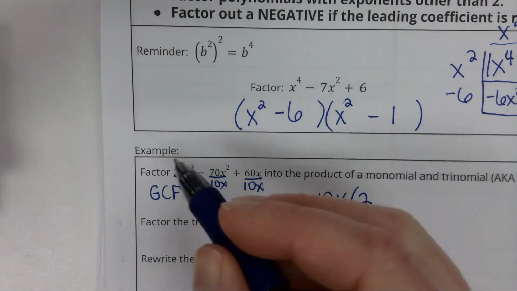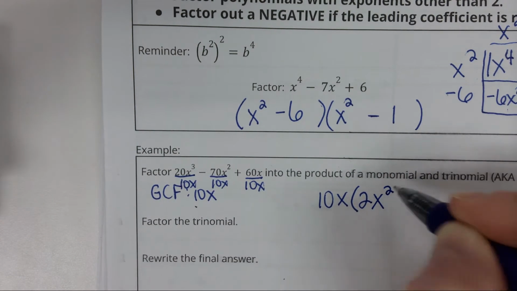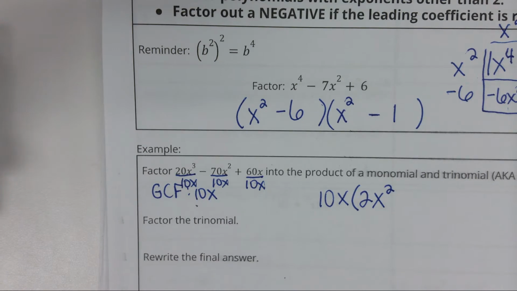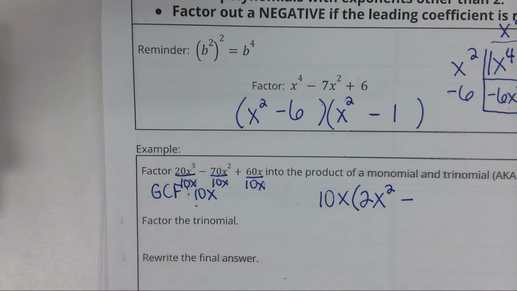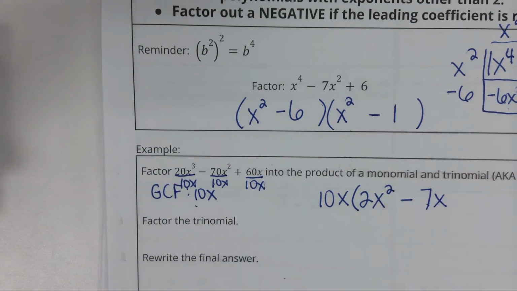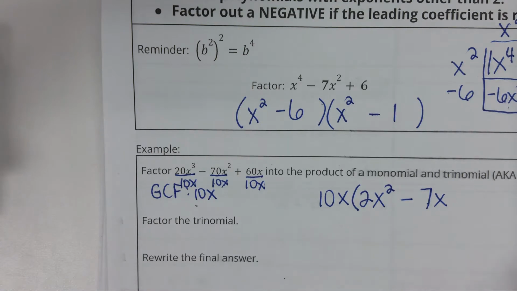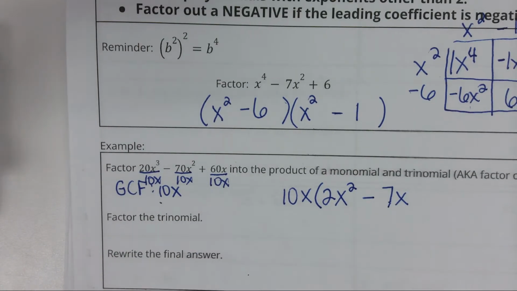So what is that? X squared minus, what do we get when I divide those ones? 7x. Now, what about here? Plus 6.